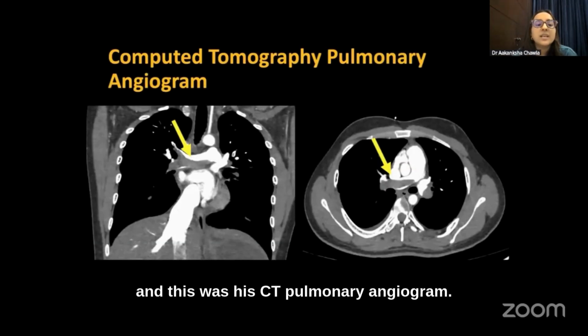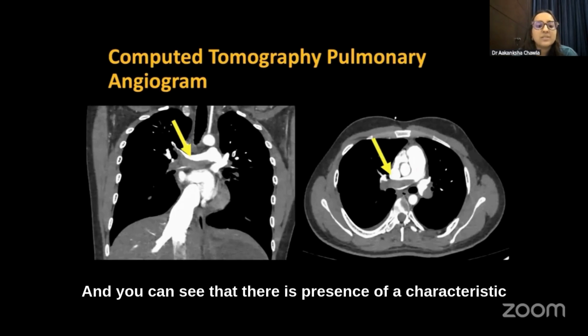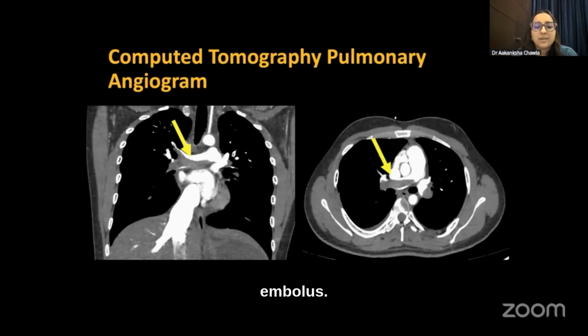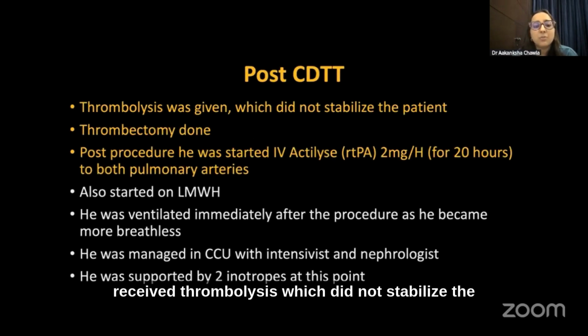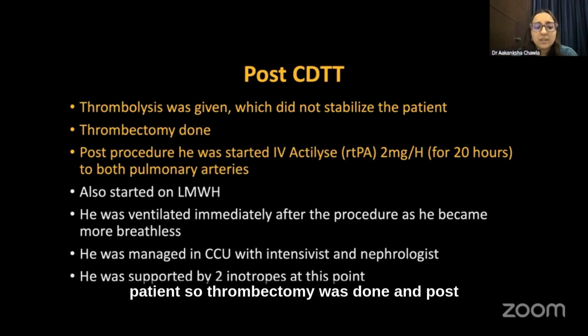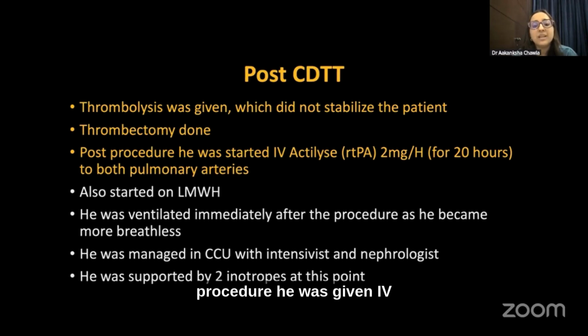This was his CT pulmonary angiogram, and you can see the presence of a characteristic embolus. This patient initially received thrombolysis, which did not stabilize the patient. So thrombectomy was done, and post-procedure, he was given IV alteplase at 2 mg per hour for 24 hours.